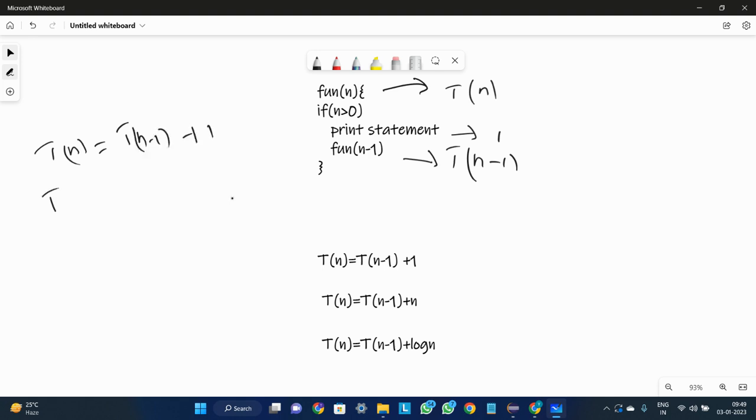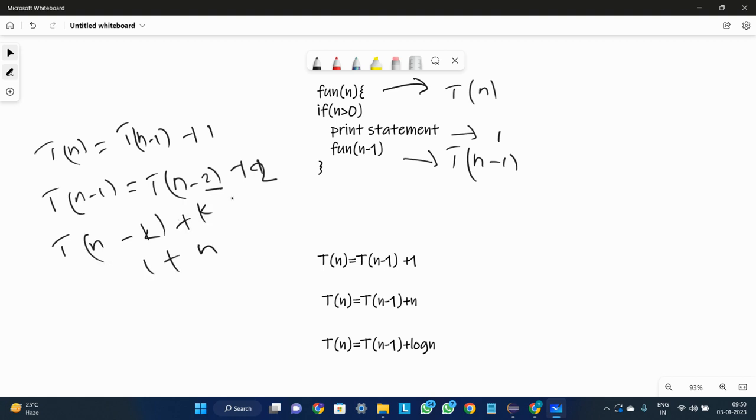We can calculate T of n minus 1 by back substitution: T of n minus 2 plus 1. When we substitute, it will be T of n minus k plus k, and when n minus k is equal to 0, we get 1 plus n. So it is order of n.